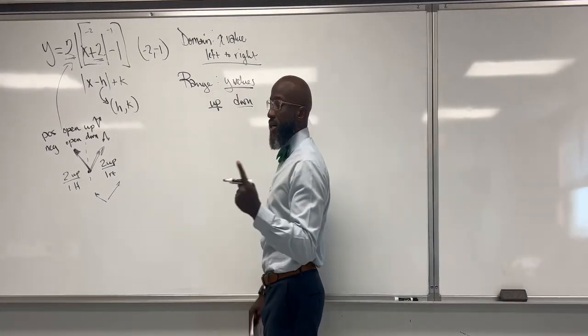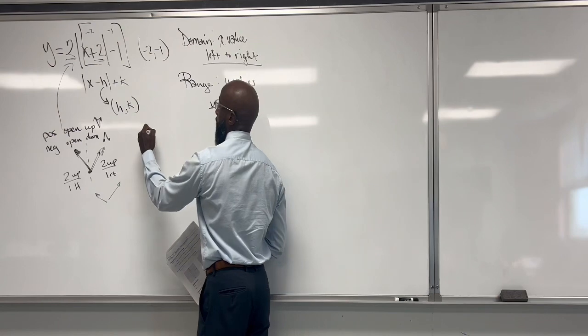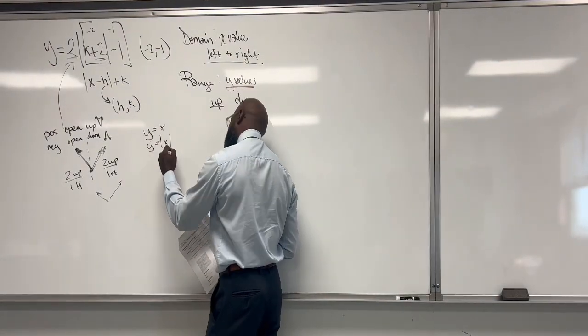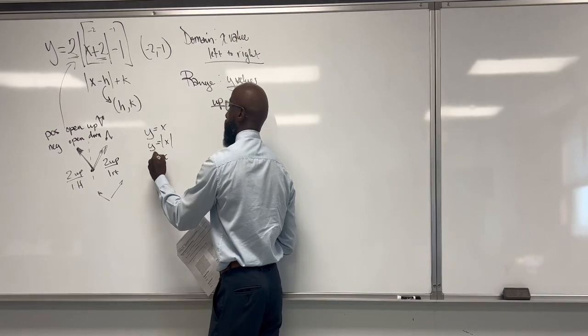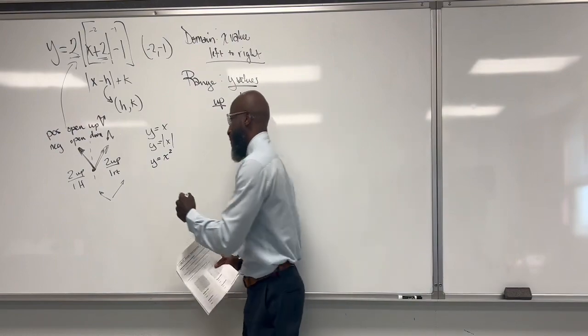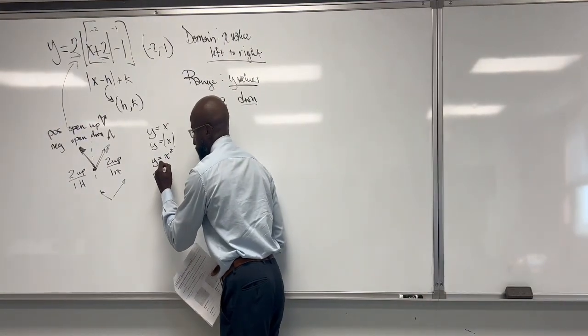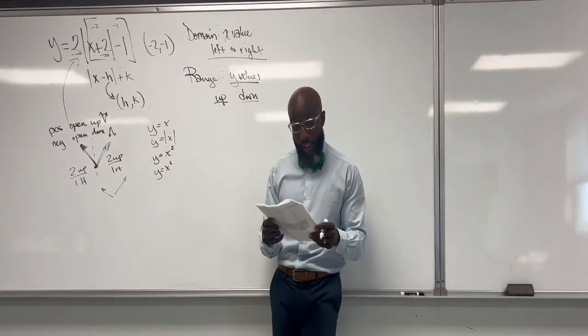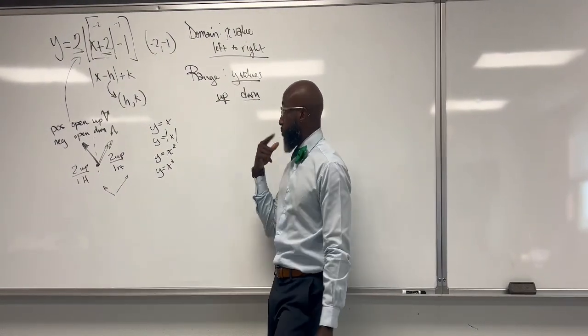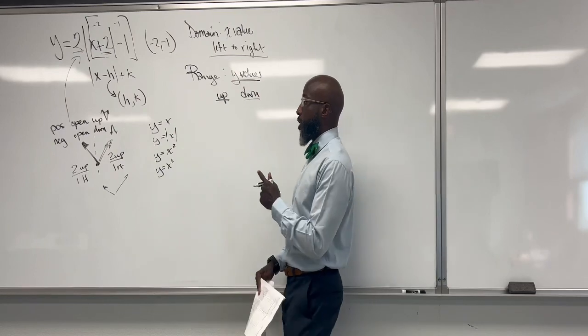Now, when we're looking at linear functions, absolute value functions, and quadratic functions in particular, that's where we're going to stop right now. And for real, cubic functions, right? The domains are pretty much the same. All right? So we're going to talk about those domains.